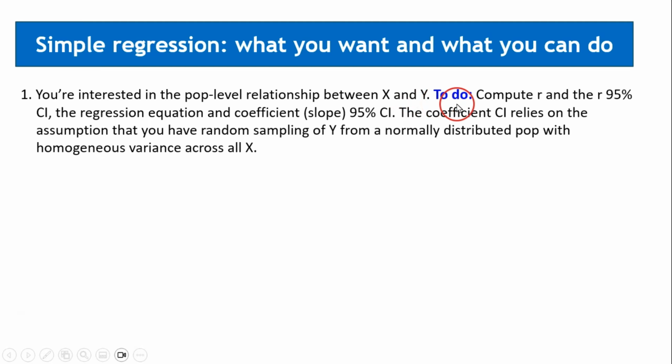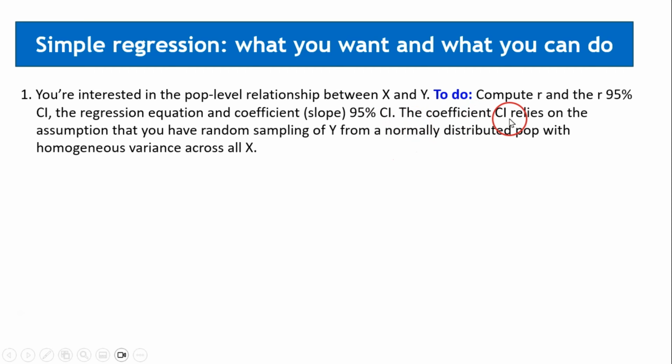Then you should compute the r and the r 95% confidence interval, and also the regression equation and the regression coefficient slope 95% confidence interval. If you're not interested in predicting, you should just compute r and its confidence interval, and the regression equation, and focus on the coefficient and its 95% confidence interval.